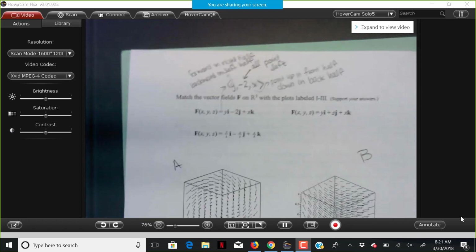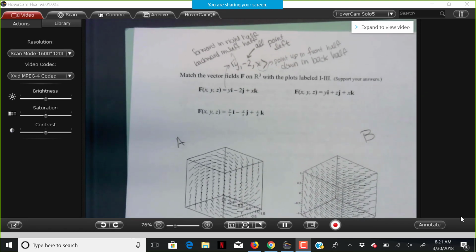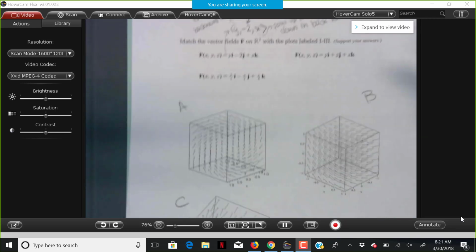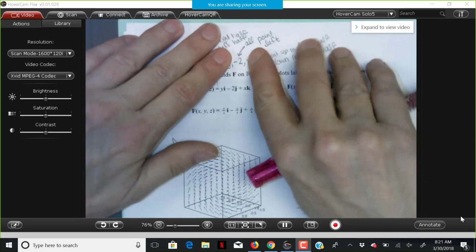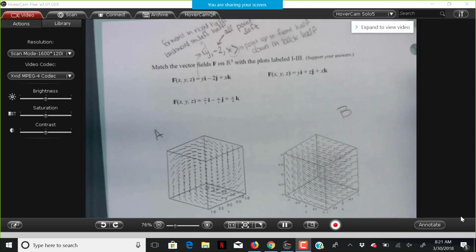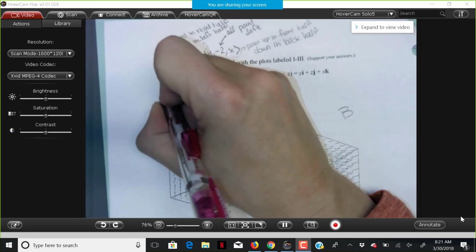Putting those things together, do you think it's graph A, B, or C? Actually, it has to be B. Before I even looked at any of the other two components, I see every single one of those vectors is pointing to the left. So this goes with B.